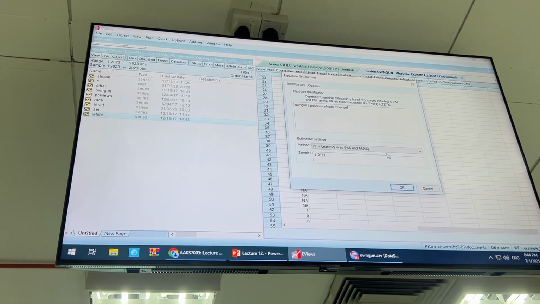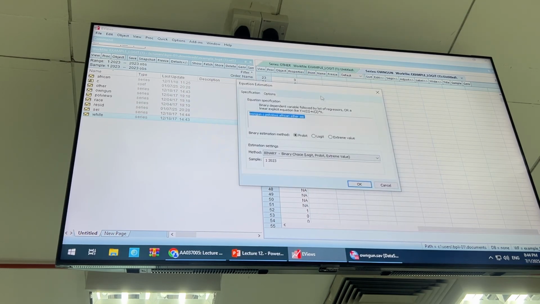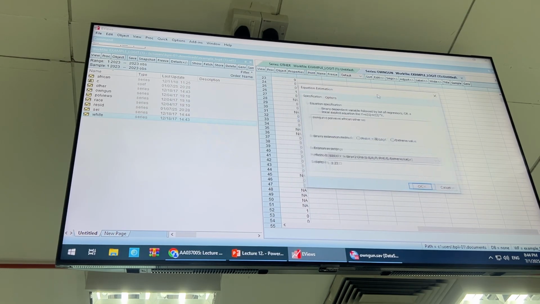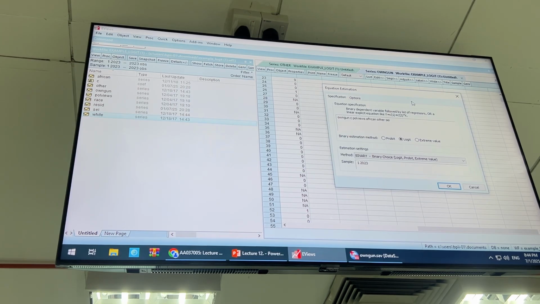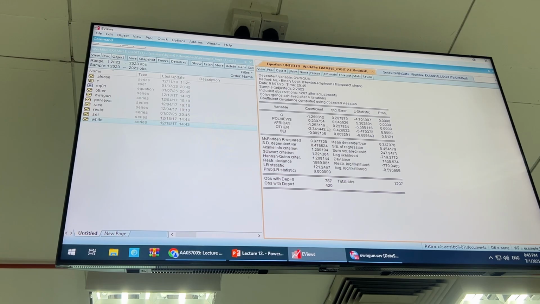Don't forget to change the method to binary, select logit. So now you get this.